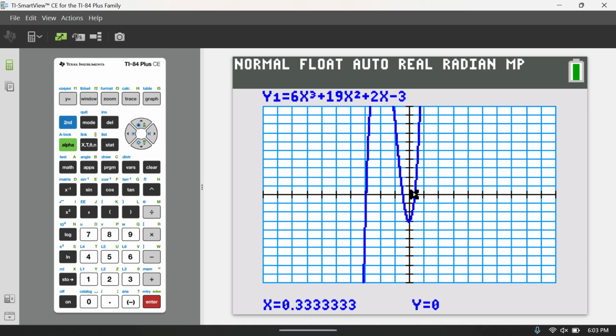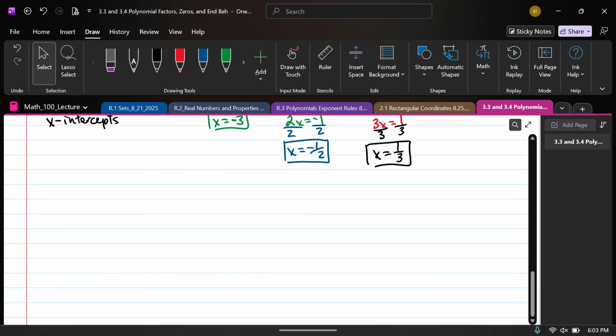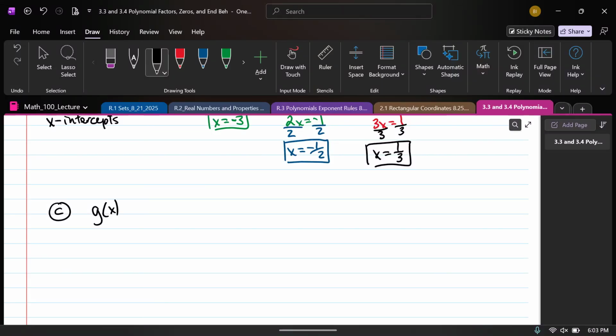Let's try that with example C. Same thing, factor completely, and then we're going to find the zeros. So here's our function. G of x is equal to x to the third power plus 4x squared minus 5.